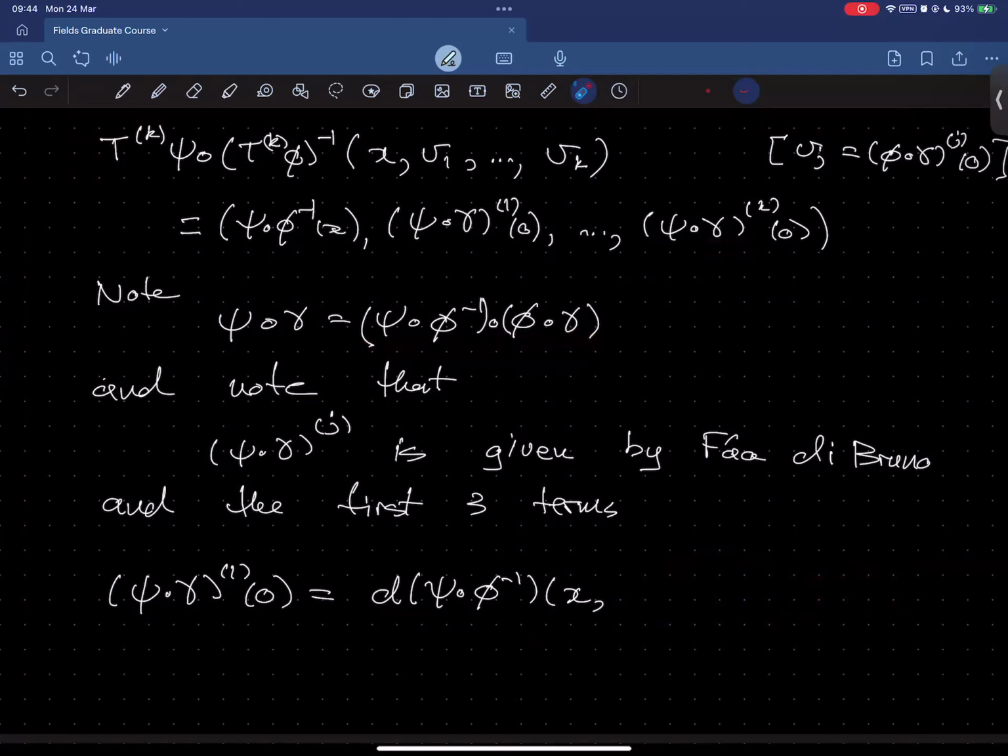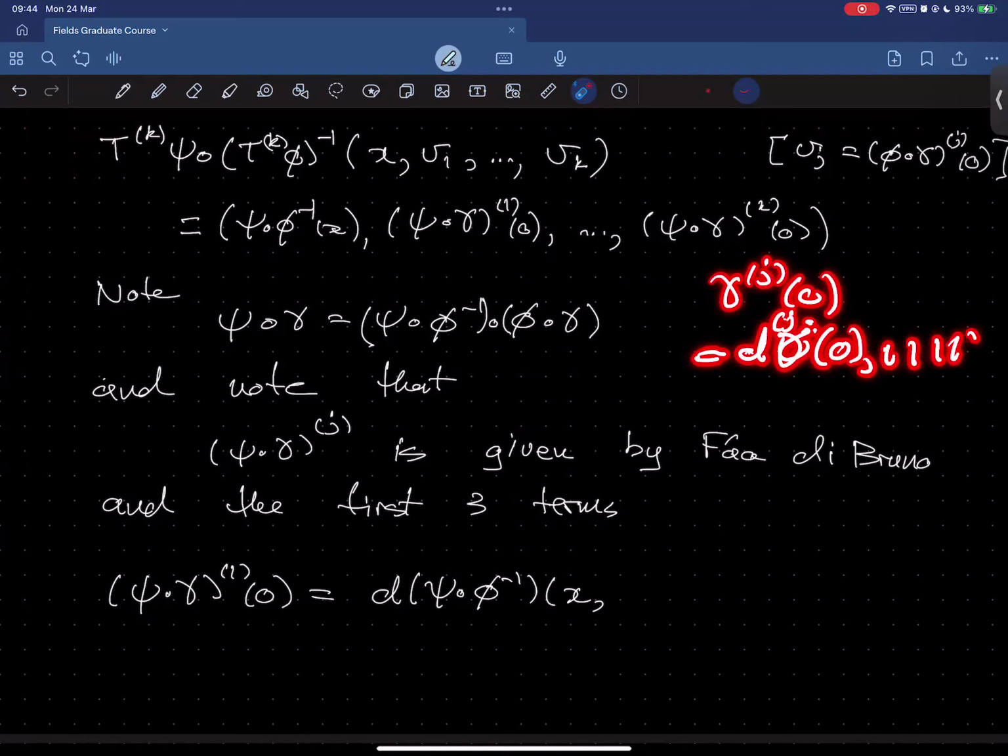You had homework problems where you calculated these higher order derivatives, and so you had these formulas. I won't write this out, or I'll write it out in disappearing ink. You had that gamma_j at 0 is equal to d gamma_j at 0 with a (1, 1, 1, 1) in here.